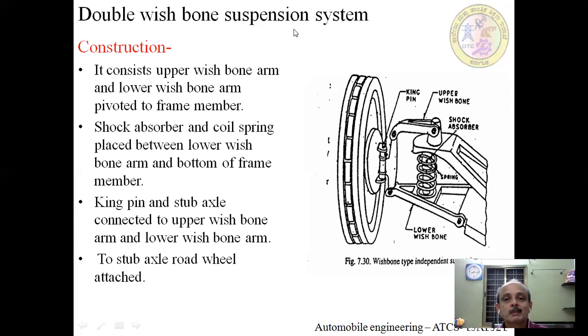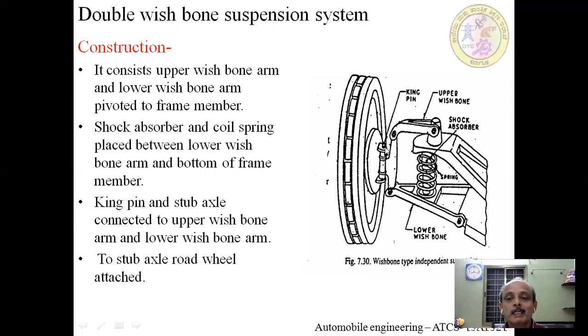Just I will repeat. It consists of an upper wishbone arm and lower wishbone arm, pivoted to the frame member. The shock absorber and coil spring are placed between the lower wishbone arm and the bottom part of the frame.